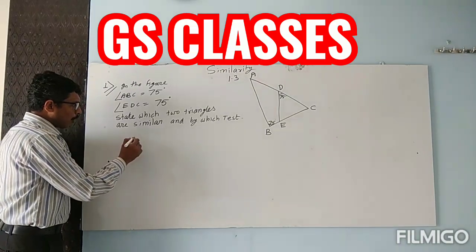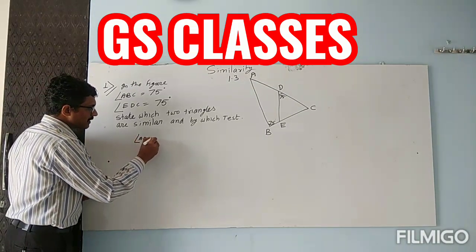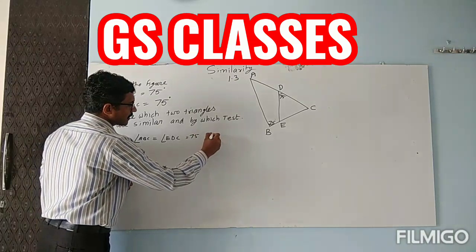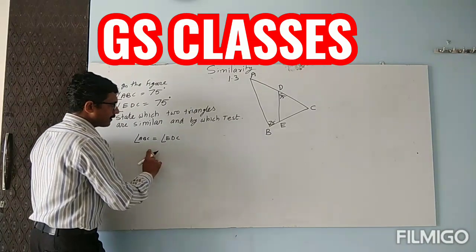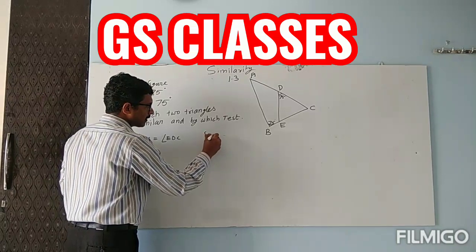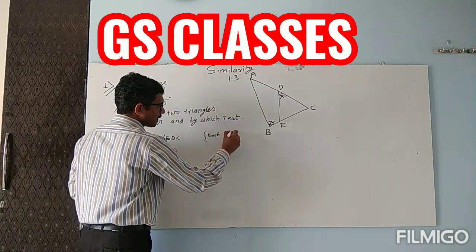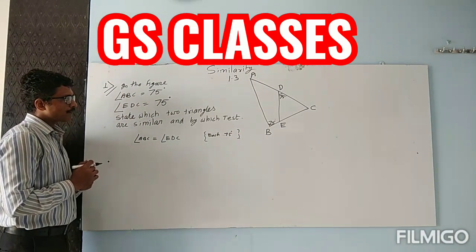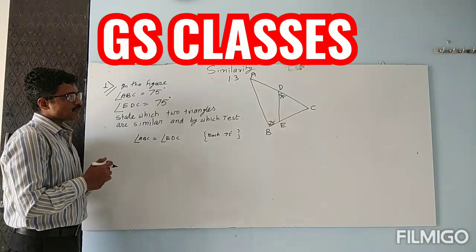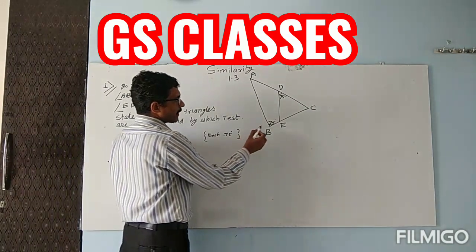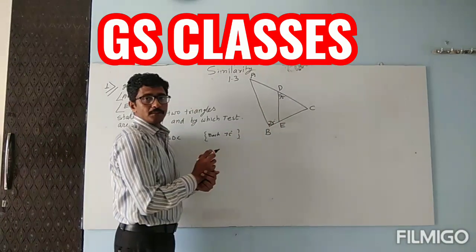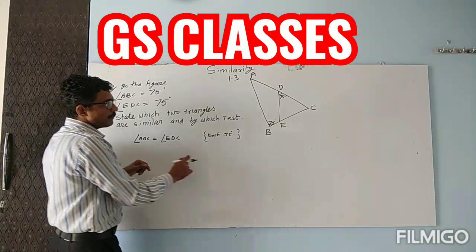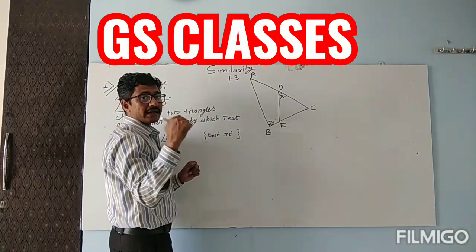They have written that angle ABC is equal to angle EDC, because each of them is 75 degrees, so we can write here they are equal and give the reason, each 75 degrees, and this is given information. We can also notice one more point, that 75 and 75 are the same, and this C is coming at both the points, meaning C I can use as the second angle.